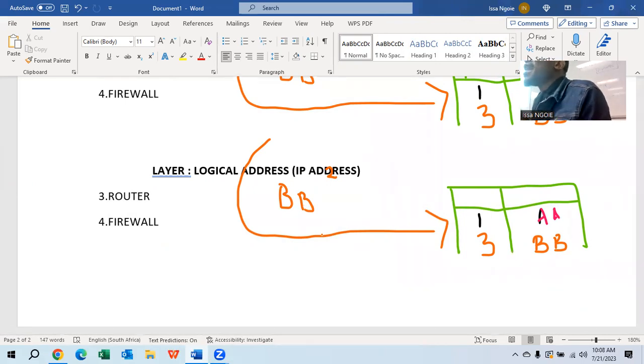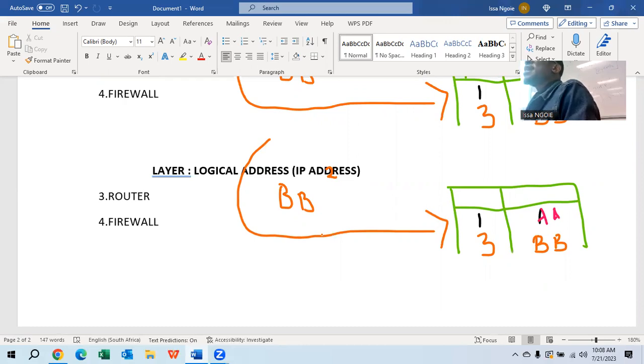The decision is happening using a logical address, like an IP address. This is the main difference between layer 2 and layer 3. So somebody can ask you, what's the difference between layer 2 and layer 3? Layer 2 makes decisions using a MAC address, the physical address of the device. But layer 3 makes decisions using the IP address.